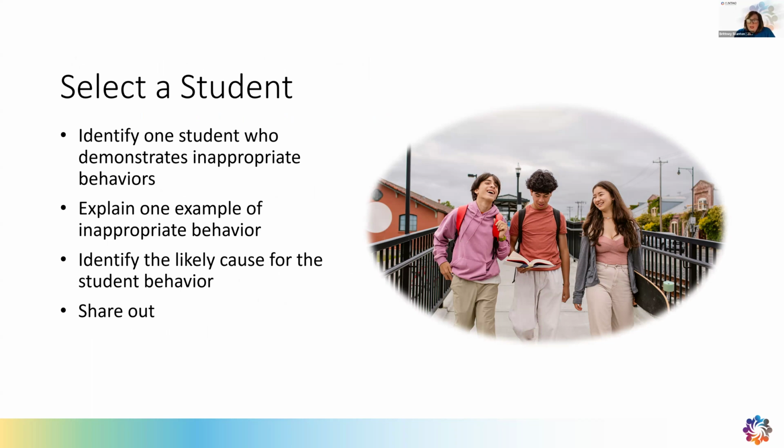You'll want to maintain confidentiality of that student, but identify who they are without breaking that confidentiality and explain one example of an inappropriate behavior that you've seen from them. And then think about what is the likely cause of that student behavior. Think about those functions that we just talked about.